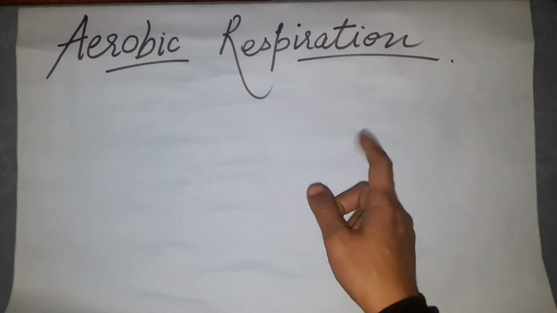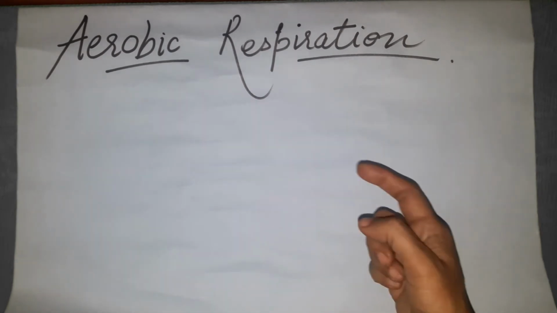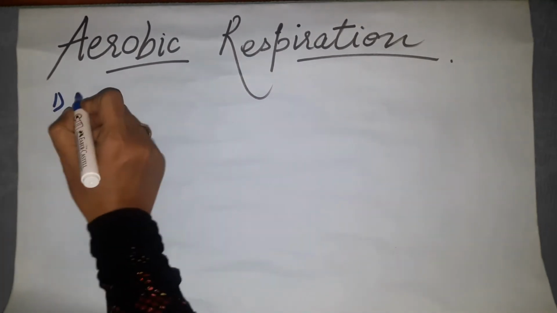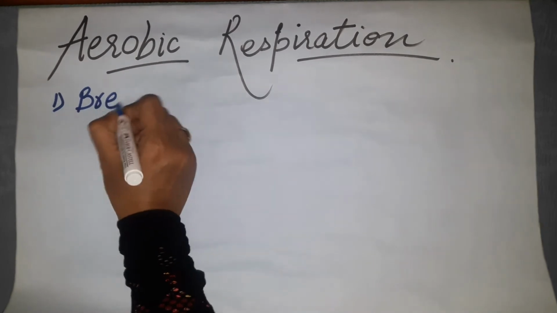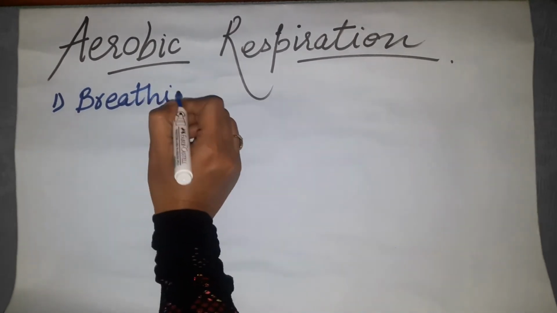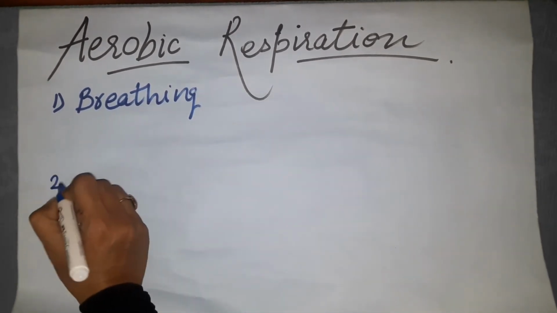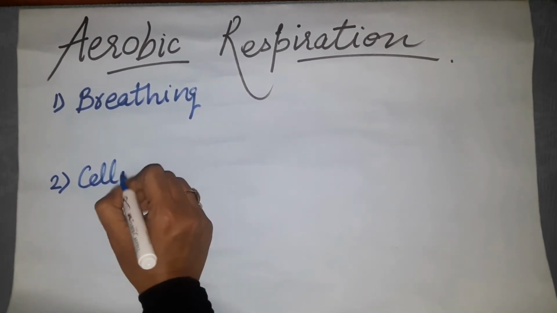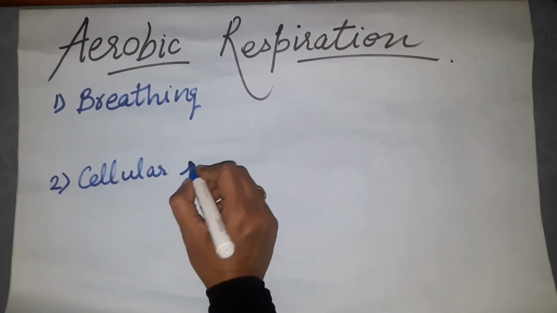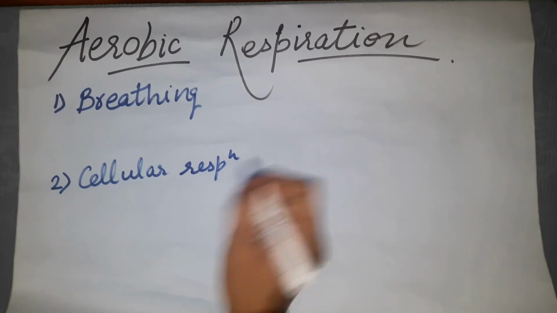Now here in detail we will study aerobic respiration, because most of the animals and the plants do aerobic respiration. Two steps are involved in aerobic respiration. The first one is breathing, and the second is cellular respiration.